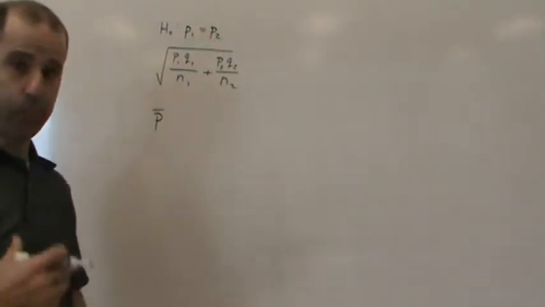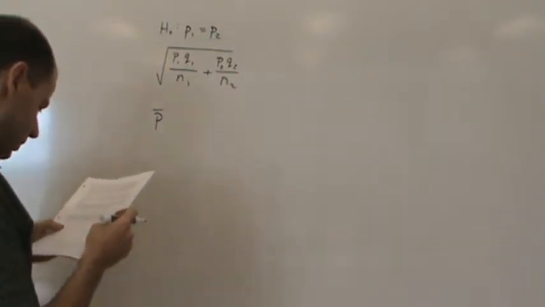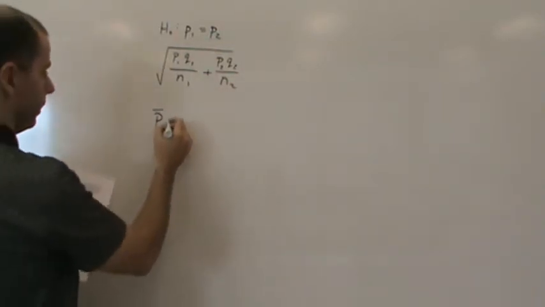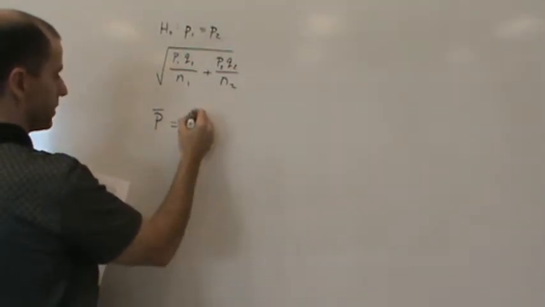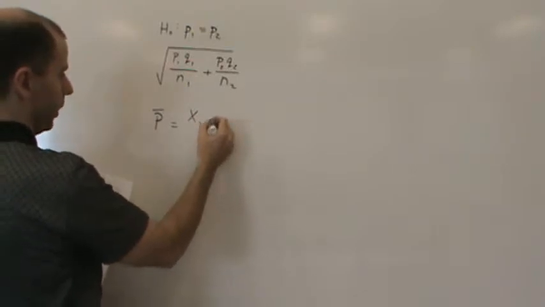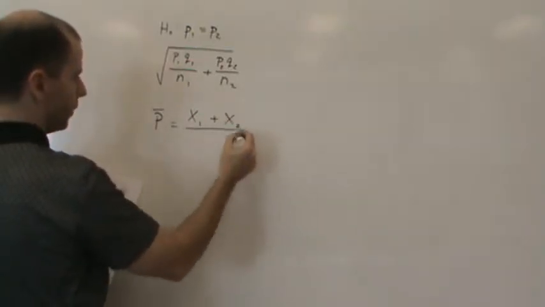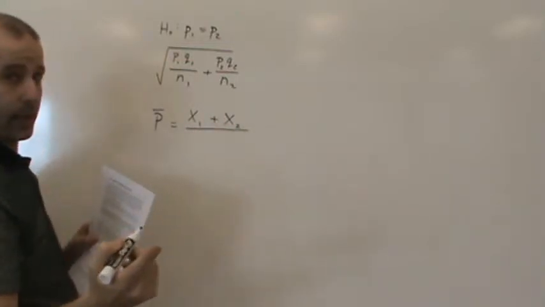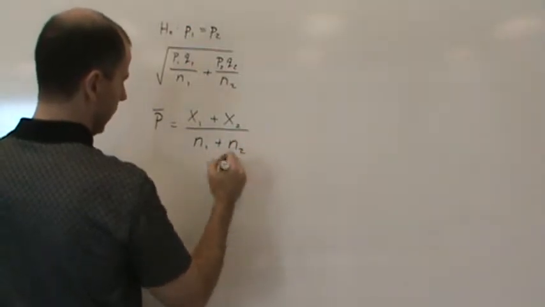But this is kind of like a pooled proportion. So what we're going to do is add the x's, the number of successes from sample 1 to the number of successes in sample 2, and then divide by the combination of both samples, N1 plus N2. And that's what we're going to do for the pooled proportion. Okay?